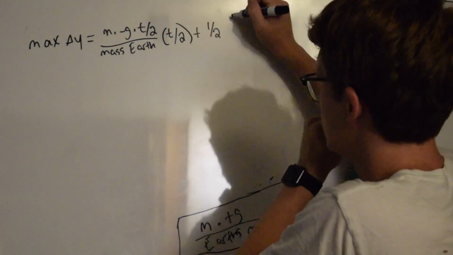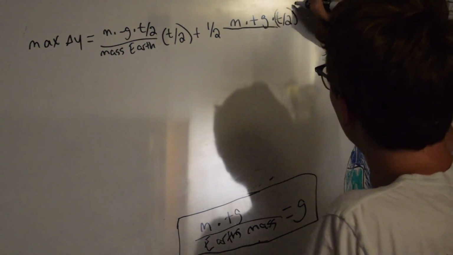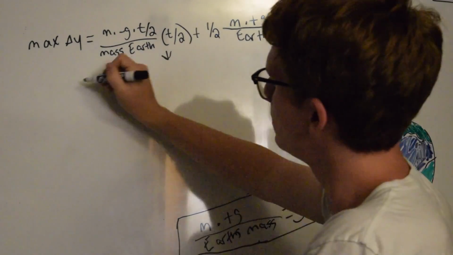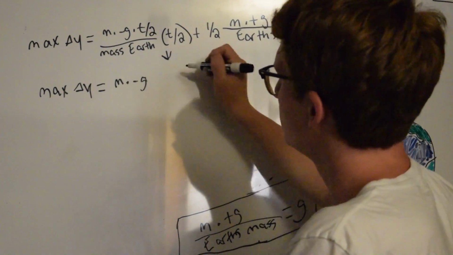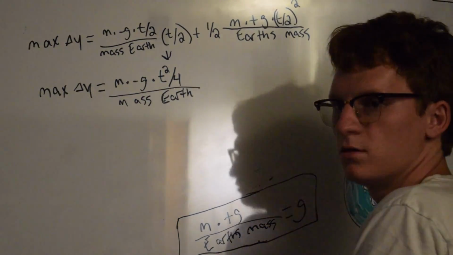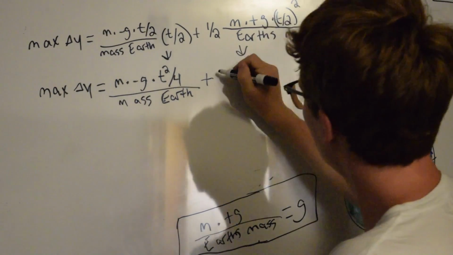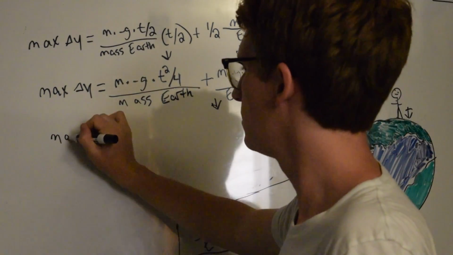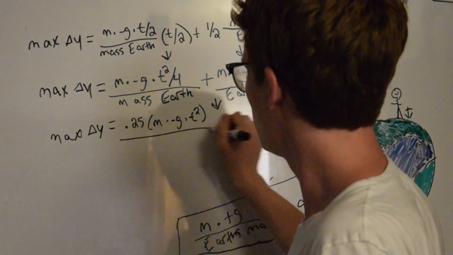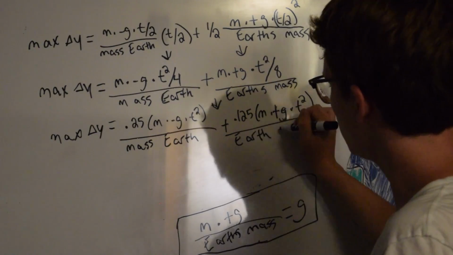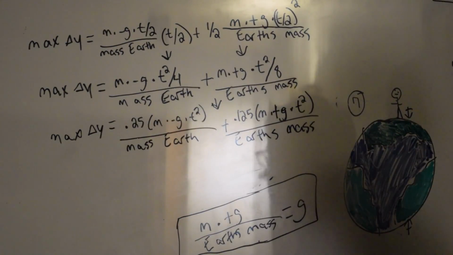to the equation and writing it out, we then seem to get closer to an answer on how much Earth has moved, the maximum displacement. So then writing it out cleaner, multiplying the time divided by 2 in for that, I get t squared over 4 in the first part. And then in the second part, that t divided by 2 squared was changed into t squared divided by 8 because I had to divide by 2.